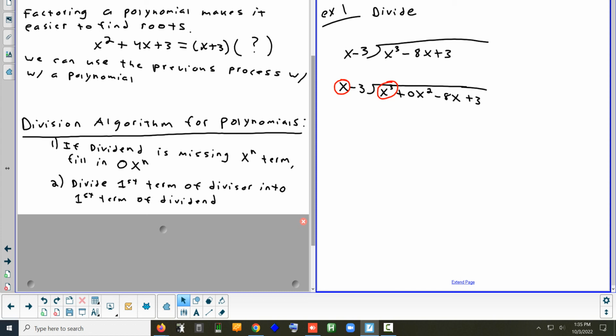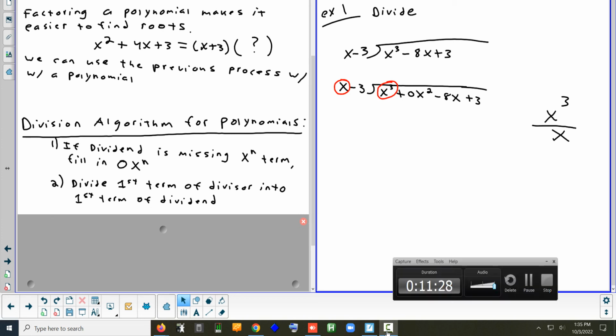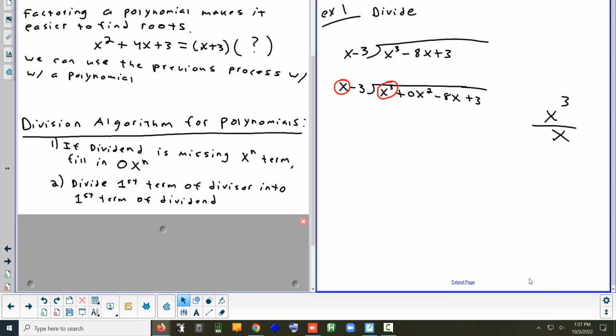So what we're really doing is x cubed divided by x. All right, so we're doing our step 2. Dividing x into x cubed. And when you divide x into x cubed, what do you get? Yep, x squared. You put that answer up above the line, and then we go on to the next.